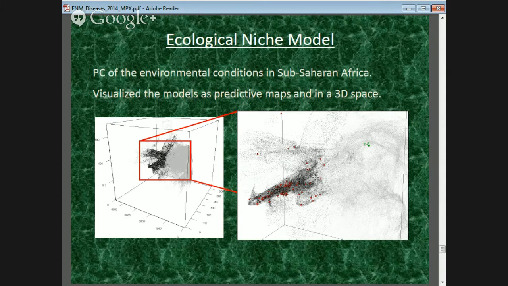But environmentally they are not that different because they all grew up in this area. If we translate that thinking to southern Sudan, we probably expect to have more genetic variation in a virus that lives in a very different environment.